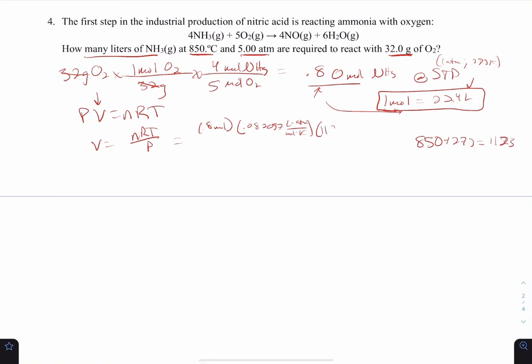So we've got 1123 Kelvin all over 5 atmospheres, that's my pressure. If you do that correctly, you should get about 14.7 liters. That would be the volume of the ammonia that you would need to react with 32 grams of oxygen exactly.